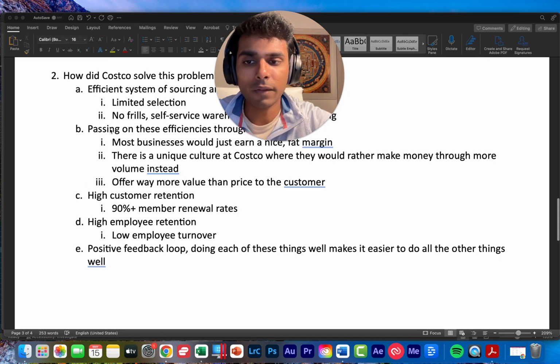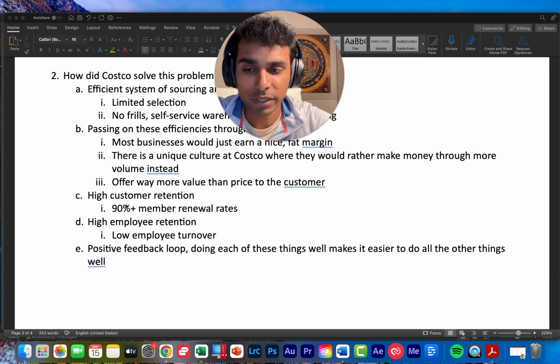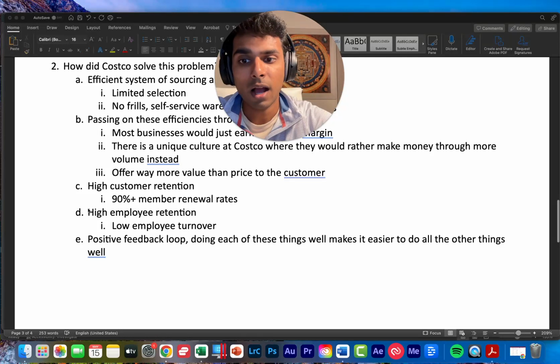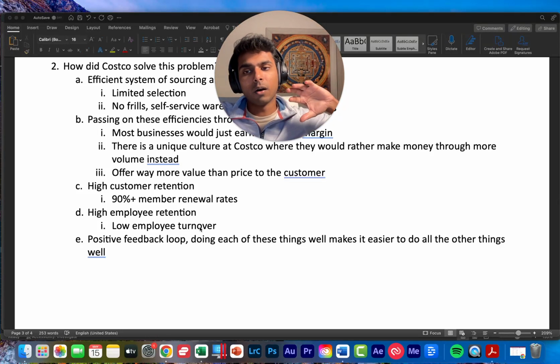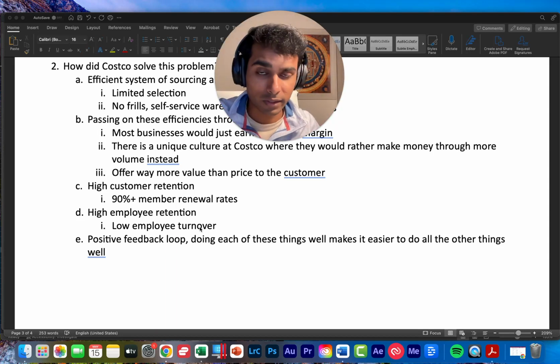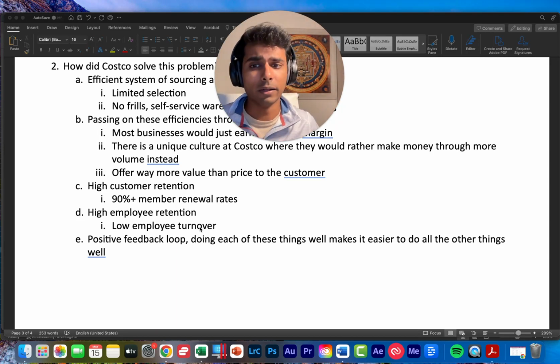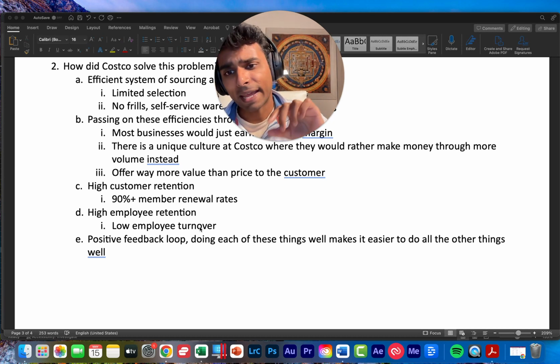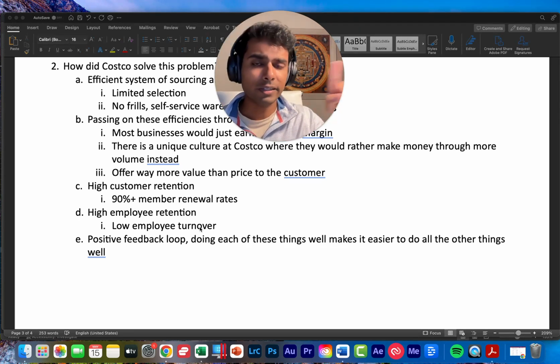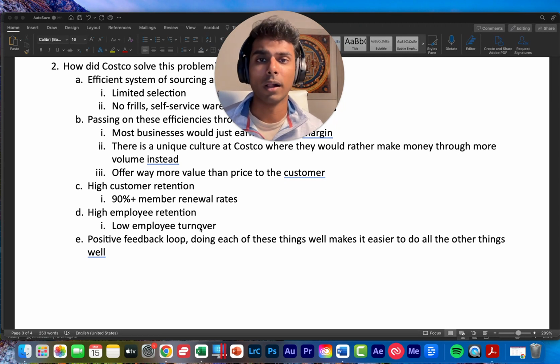right? So all of that leads to high customer retention, 90% plus renewal rates, high employee retention, low employee turnover. And the key idea here is that it's not any one of these things. It's all of these things working together, right? There's this amazing positive feedback loop, or as Jeff Bezos would say, a flywheel, where doing any one of these things makes it easier to do all those other things really well, right?